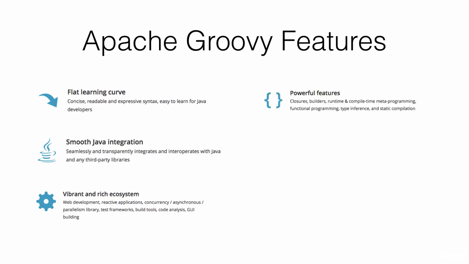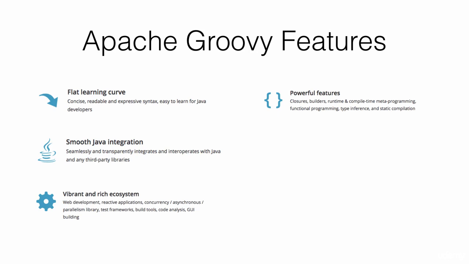Powerful features. So we're going to go through a lot of these throughout the course. We're going to talk about things like closures and how they really help clean up some code and make it just more functional. We'll look at these things called builders, which allow you to create either object graphs or markup or JSON in a really nice, easy to use syntax.